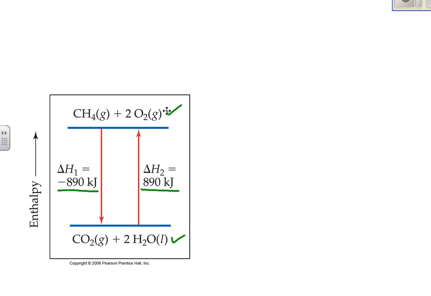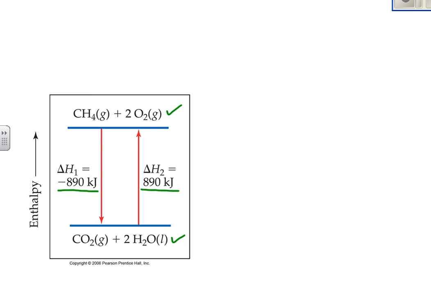So these are values that we'll be able to use our stoichiometry for. For instance, if you burned 12 grams of methane and you needed to figure out how much energy was going to be given off, you could use these delta H values just like you would any other stoichiometry value. So the burning of 1 mole of methane would give off 890 kilojoules of energy.